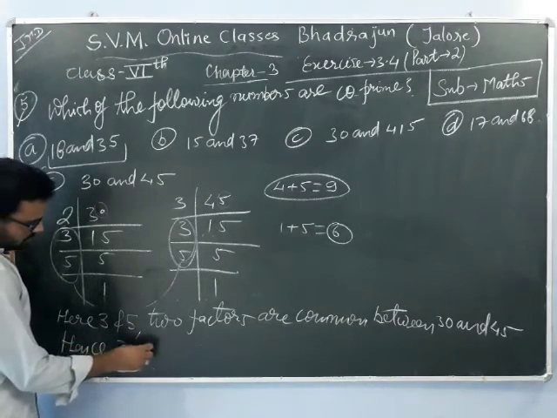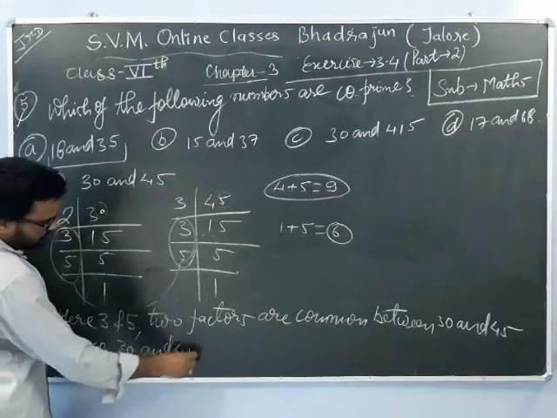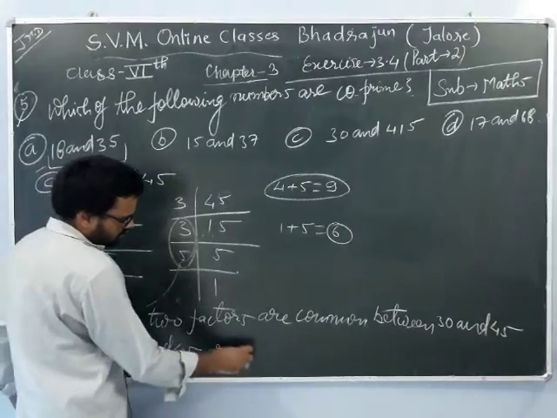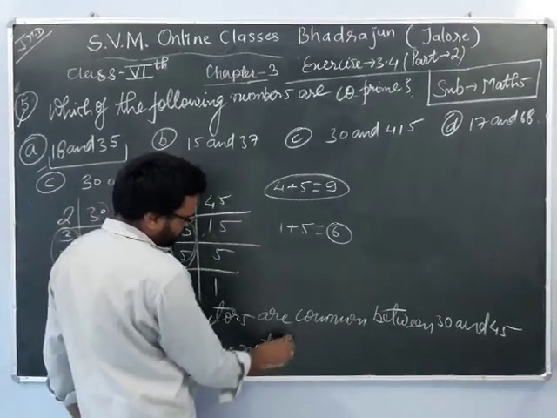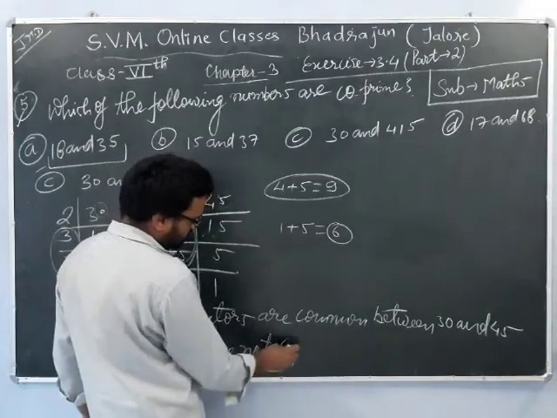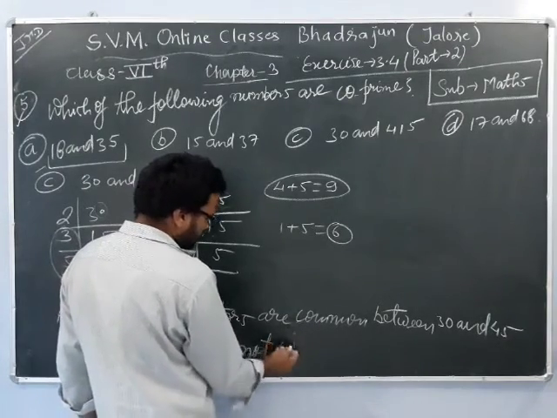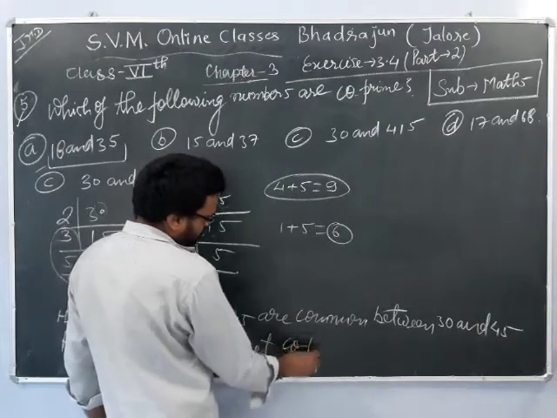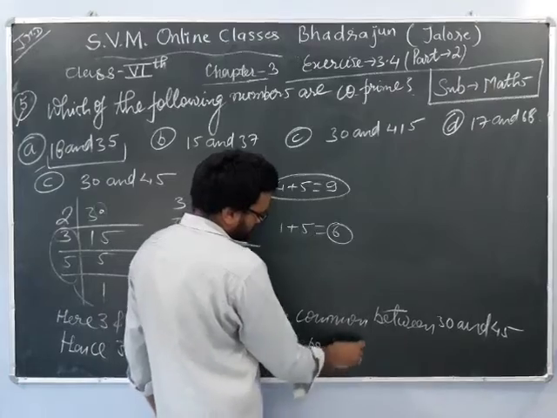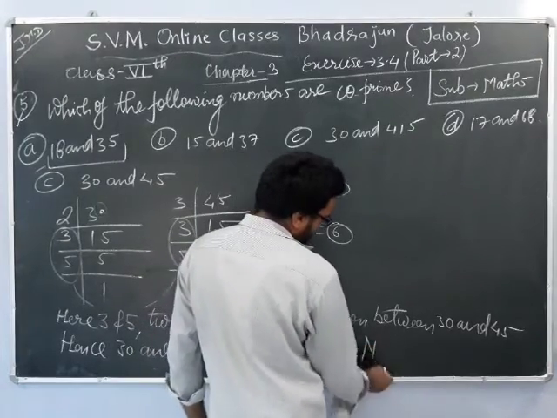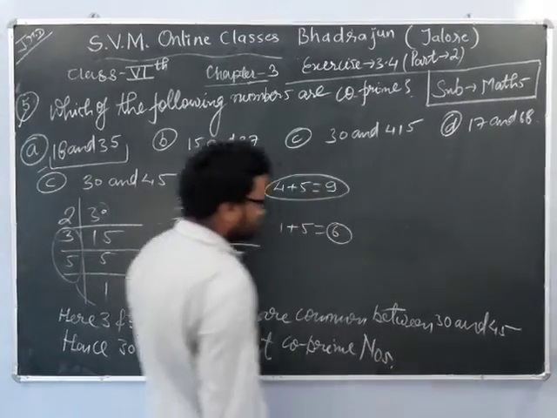Hence 30 and 45 are not co-prime numbers. I hope you got this.